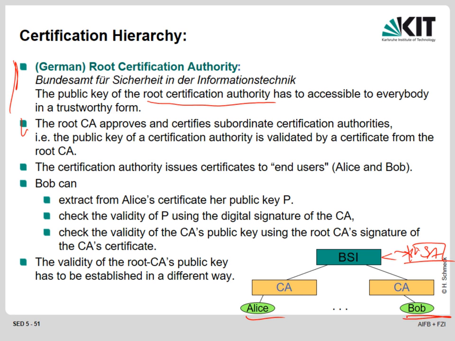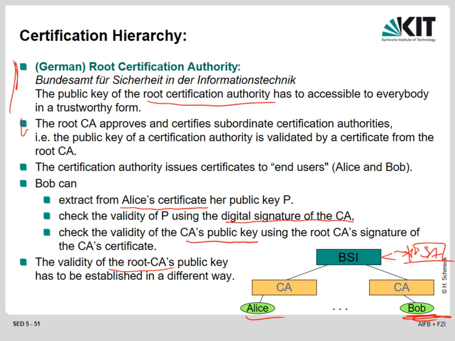So Alice and Bob get their certificates from some certification authority, and then they can exchange their certificates, and you can check whether they are valid. You extract the public key from the certificate. You can check the validity of the public key using the digital signature of this certification authority, and you check the validity of the certification authority's public key using the root CA signature, and then you are done. And the validity of that has to be established in some other trusted way. Okay.